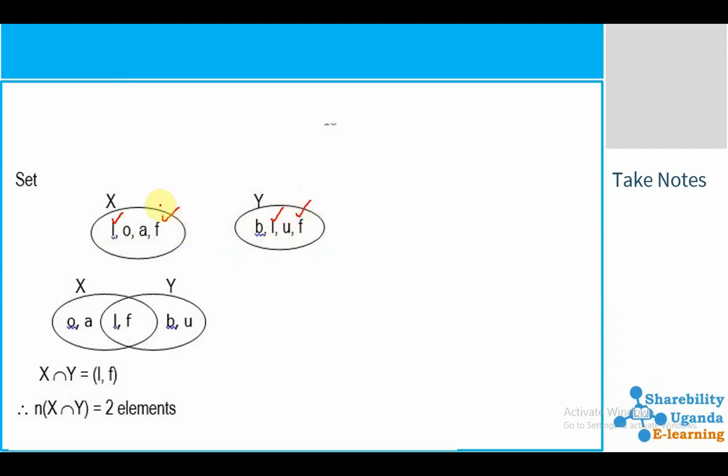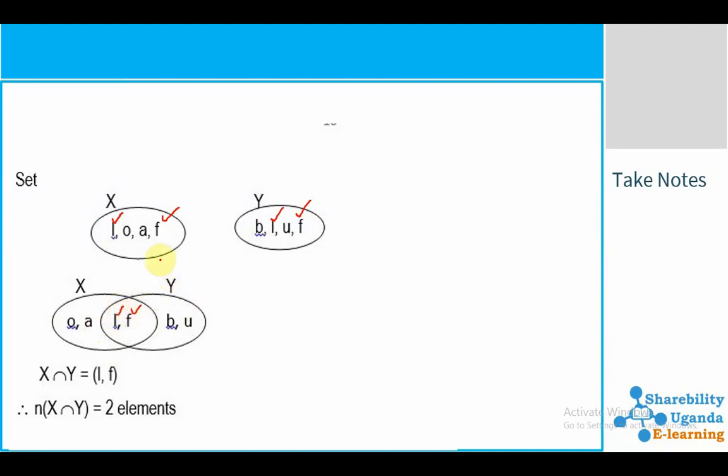These members are in both sets. So these qualify to be the members in the intersection part. If it was shading, we would shade these members, but since it is about listing those members, we put them here. We say our L and our F.